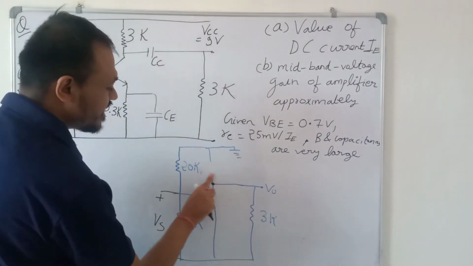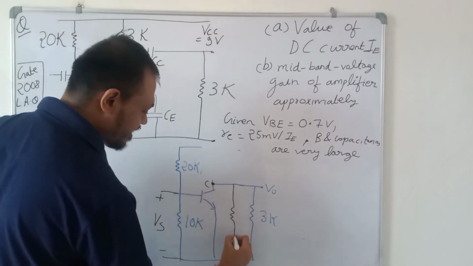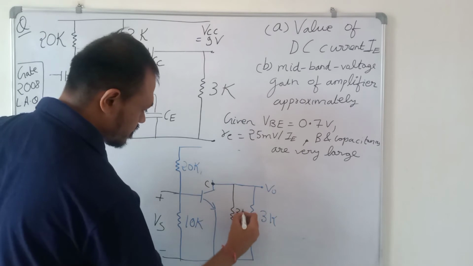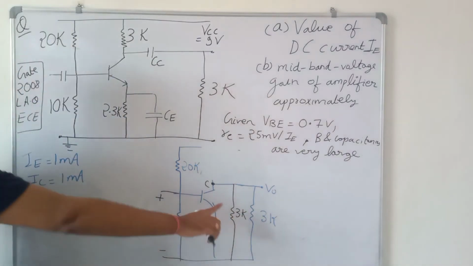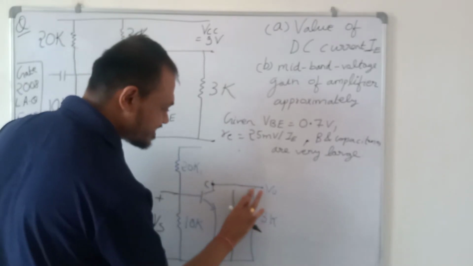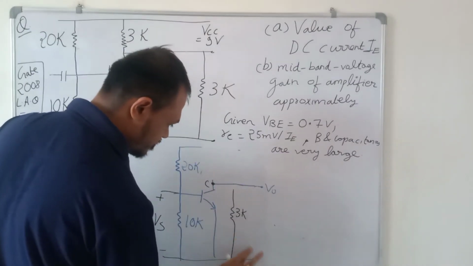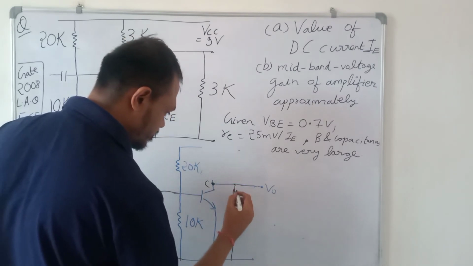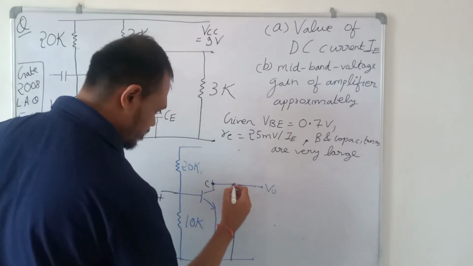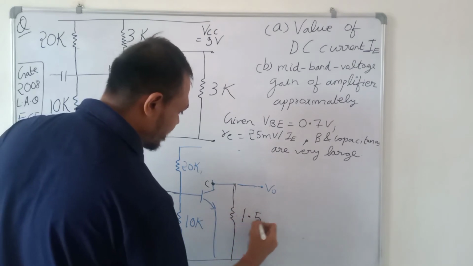So we can make them in parallel. Now 3K and 3K resistances are in parallel, so we can simply replace them by a single resistor of 1.5K.